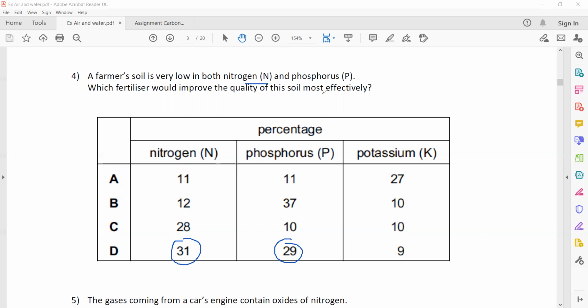That's why the most effective fertilizer will be D. Why do we choose this? Because in the question they mention a farmer soil is very low in both nitrogen, means the amount of nitrogen is small, as well as the phosphorus. Is it clear? Why D is the right answer?